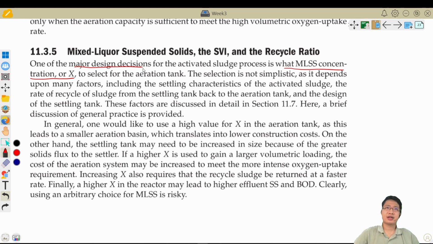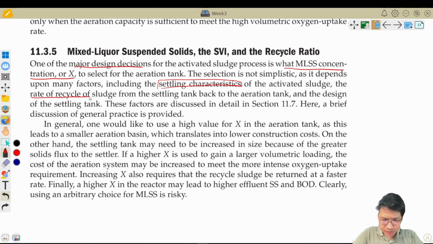How you maintain your MLSS concentration in your system depends on many factors, like the settling characteristics, how much concentration you can get during your sludge concentration stage, and also the rate of recycling of the sludge from the settling tank back to the aeration tank.